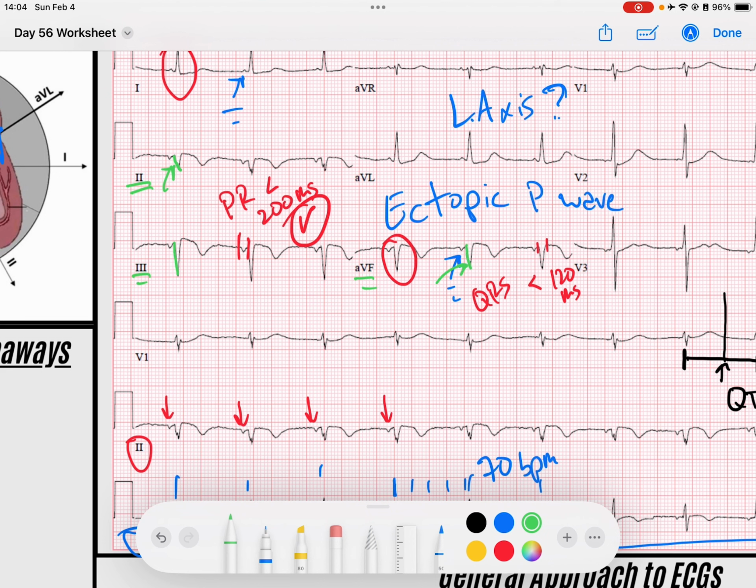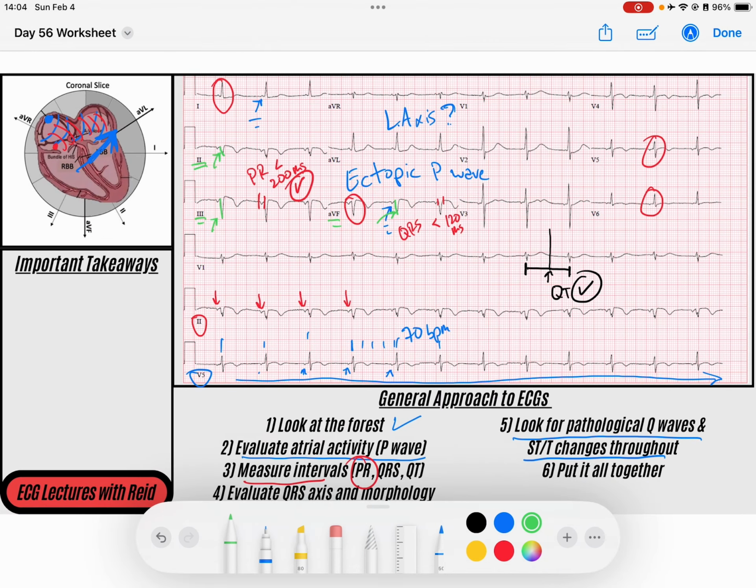of these inferior leads. So what that tells me is that there are forces that are going away from those leads, or in other words, these leads are unable to conduct signal in that direction.